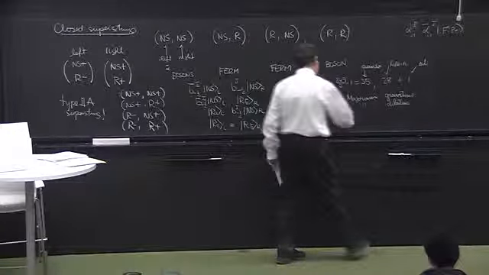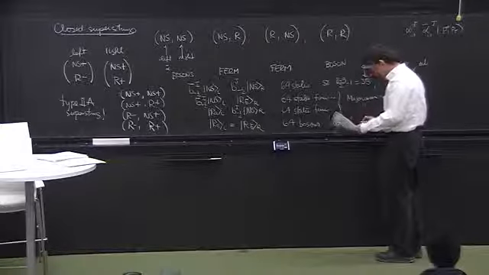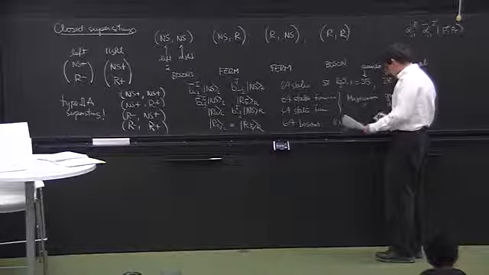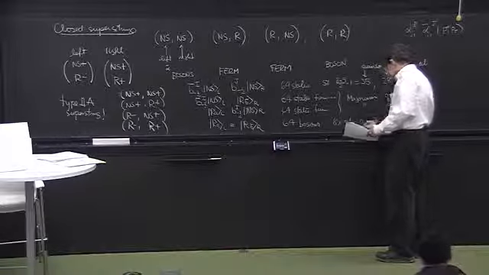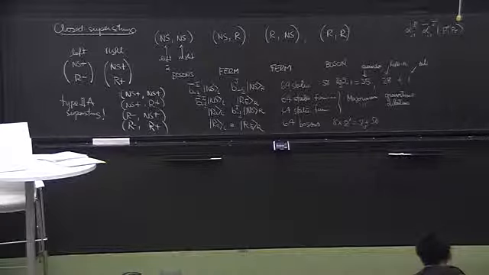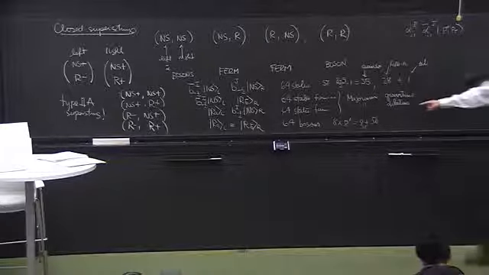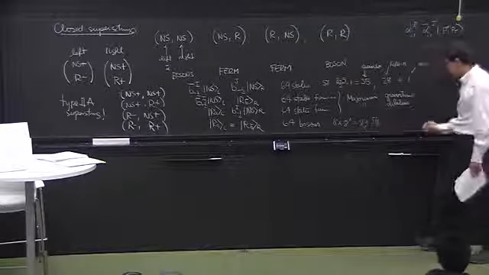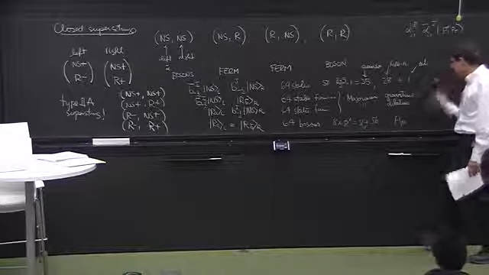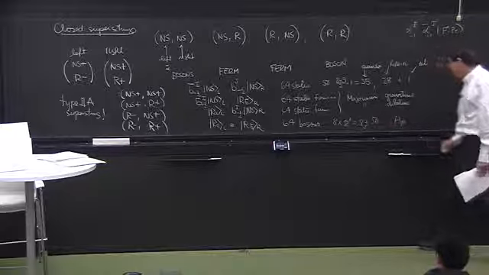In group theory, they write it as 8 plus 56. 8 vector plus 56. So actually, you get a vector field. So you get a Maxwell field like an A mu, and a 56.